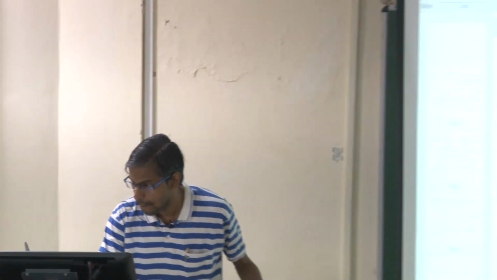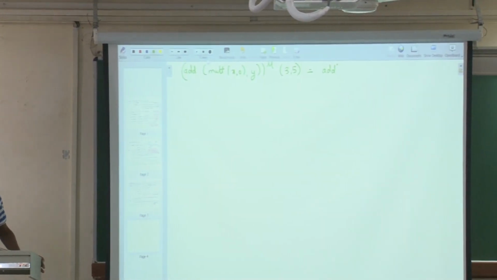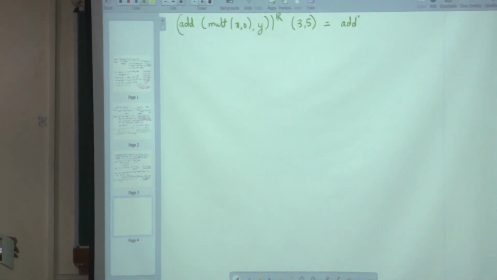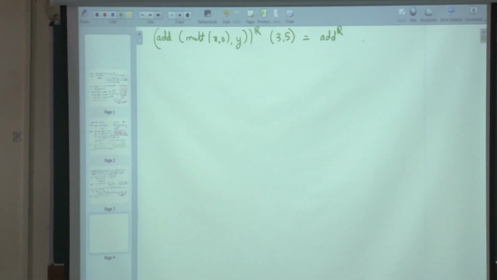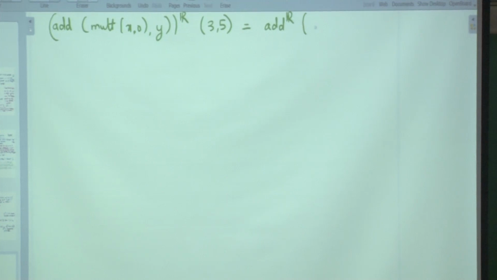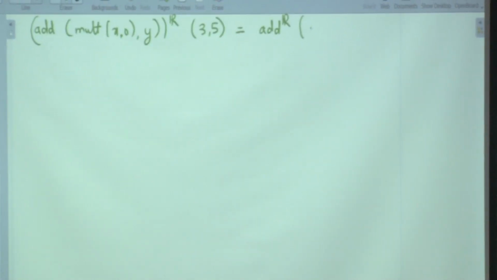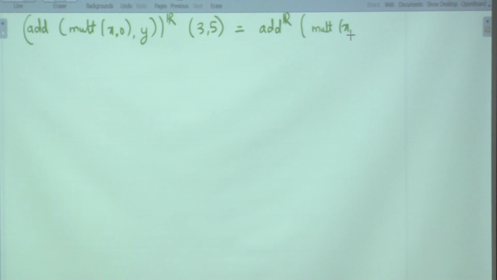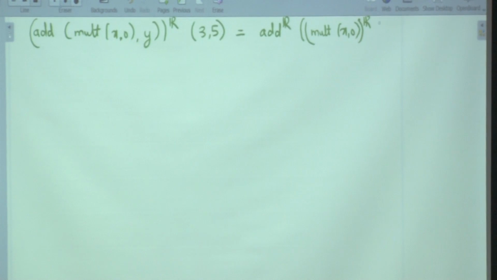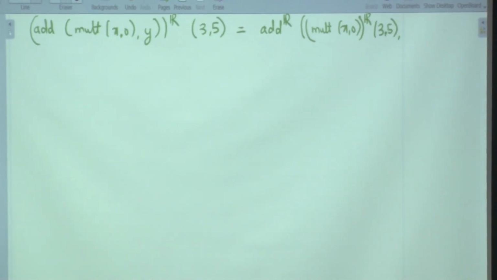This is equal to add R, the interpretation of add in R, then inside I should say mult of x comma 0, the interpretation of that in R at 3 comma 5, comma y, interpretation in R at 3 comma 5.